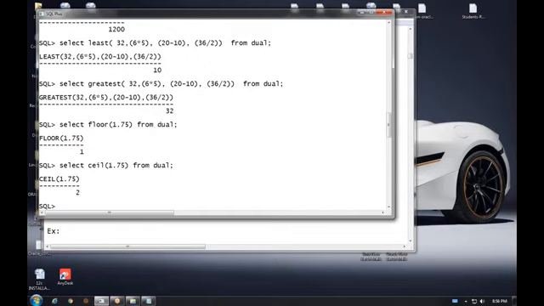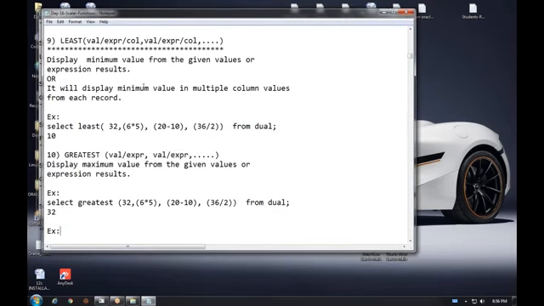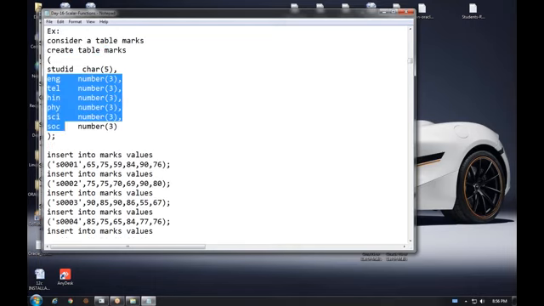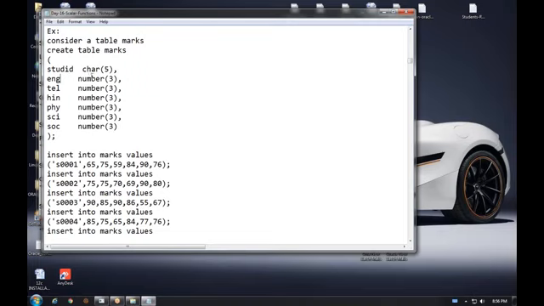Now let me create a table. What is the table? Marks: student ID and student subjects. Total 6 subjects I am maintaining: English, Telugu, Hindi, physics, science, and social.